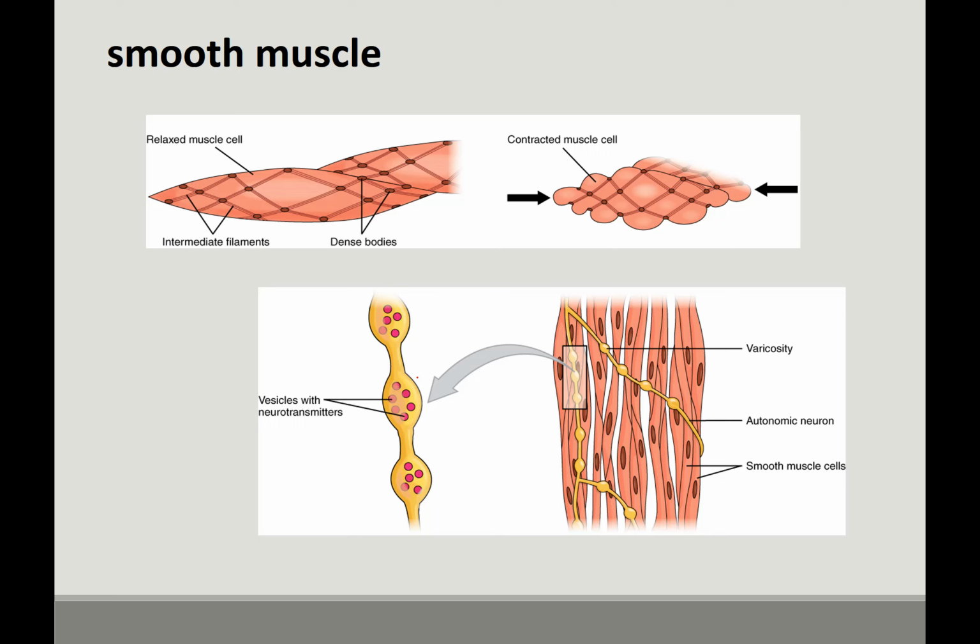We're going to get into cell signaling in Unit 4, but all these little orange blobs are going to release the neurotransmitters just like you're learning about with skeletal muscle. You're going to get an influx of calcium, and then with these dense bodies, you get this whole contraction of these cells. So it's very different than the sliding filament model.